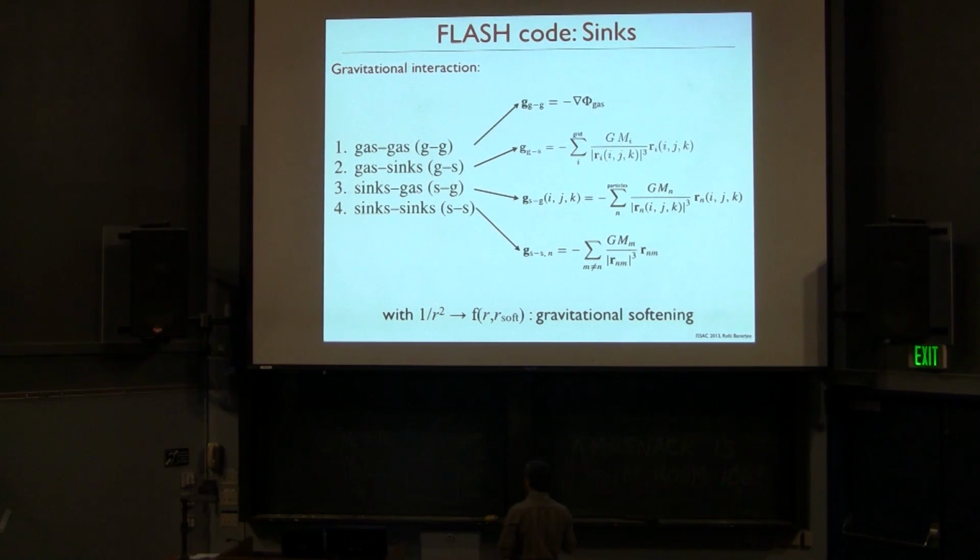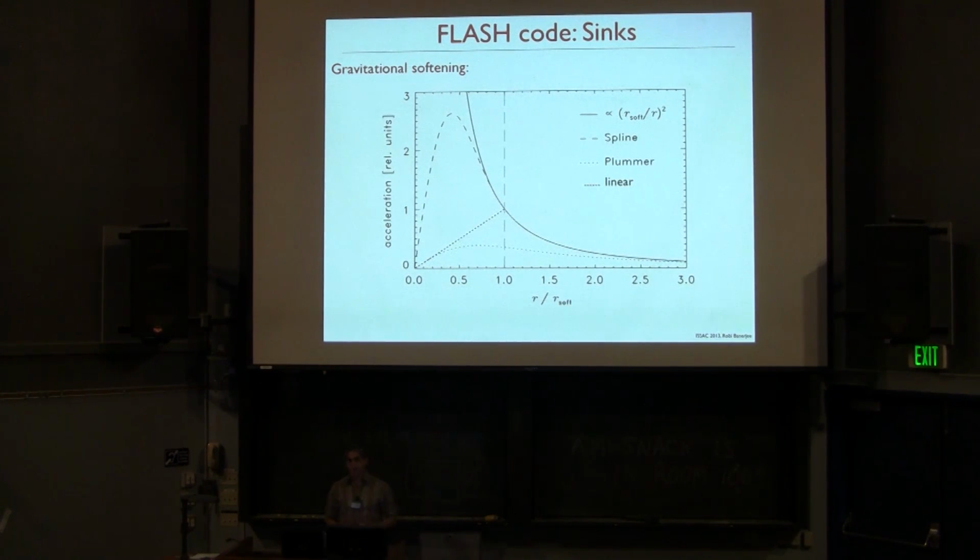And all the 1 over r squared acceleration terms are slightly modified with a so-called softening approach, at a given softening radius, because all these formulas diverge if the distance between, say, two particles or a particle and the center of mass or the cell center of a grid point approaches zero, then the gravitational acceleration diverges, and this is something you don't want. So there are different ways to do your gravitational softening.